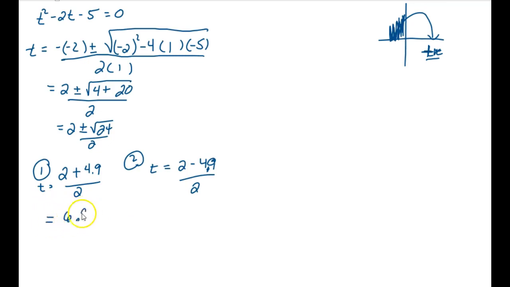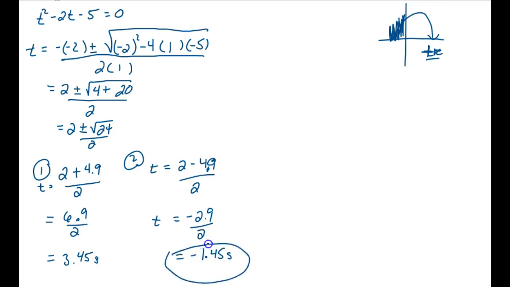So you get 6.9 over 2, which is 3.45 seconds. Here you get negative 2.9 over 2, negative 1.45. We can't have negative time, so this answer is rejected.